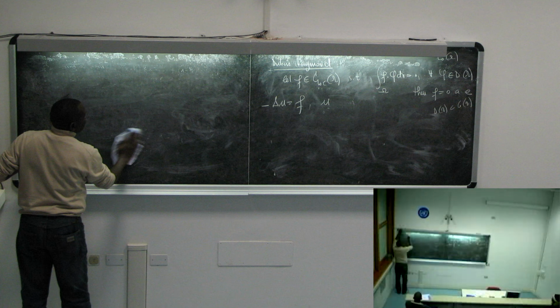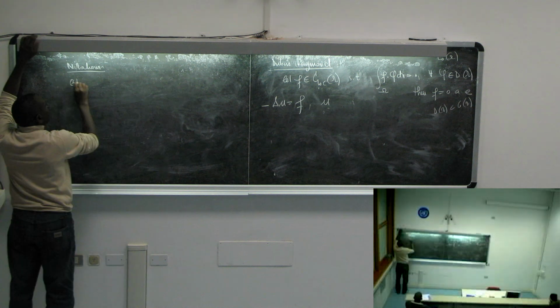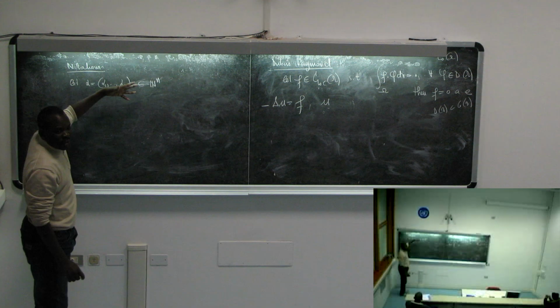Okay, first let us make some notation. Let alpha equal (alpha_1, ..., alpha_n) be a multi-index. This is a vector in N^n, meaning each alpha_i is an integer.